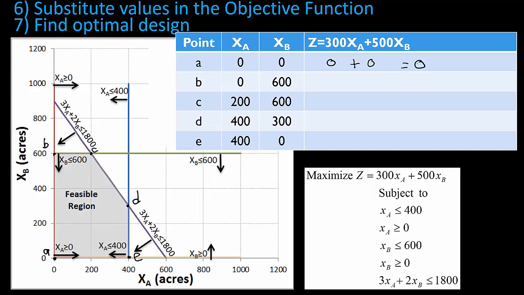Okay, for the next one, it will be 300 times 0, it will be 0. 500 times 600 is 300,000.